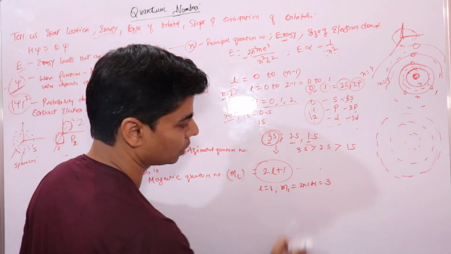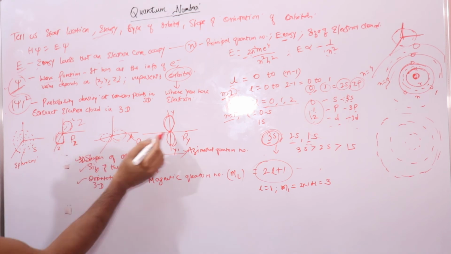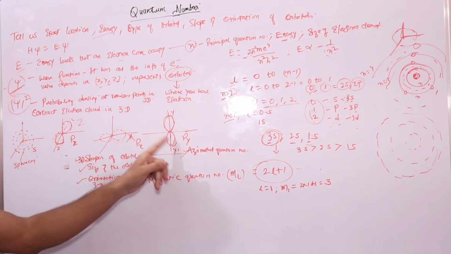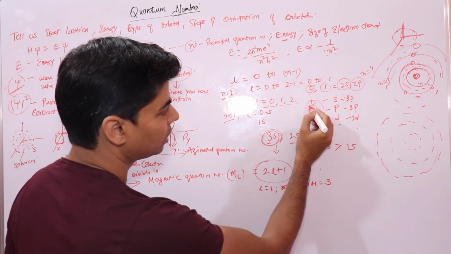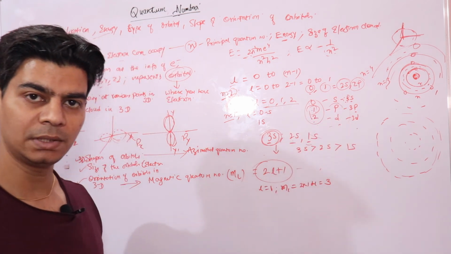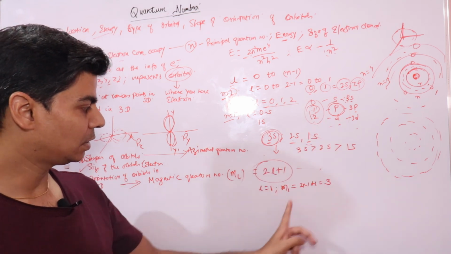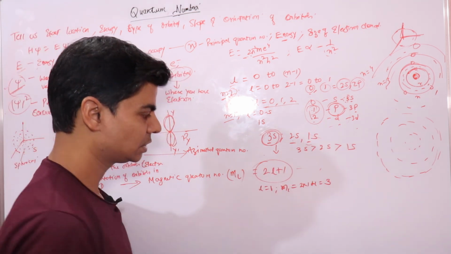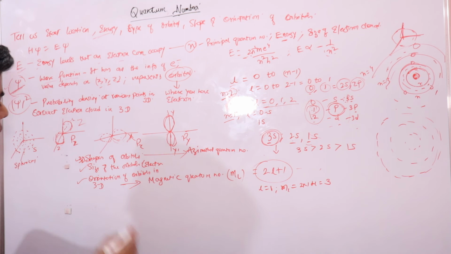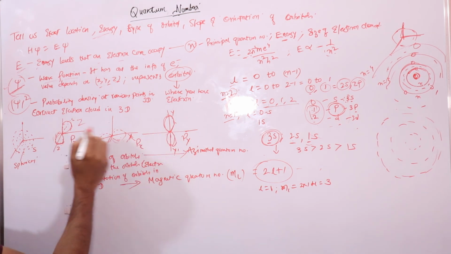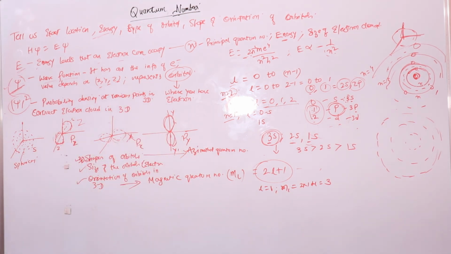That means we have three orientations, and these three orientations represent the p orbital. Using the magnetic quantum number we have found its orientation. We have three orientations, along the three coordinate axes in three dimensions.